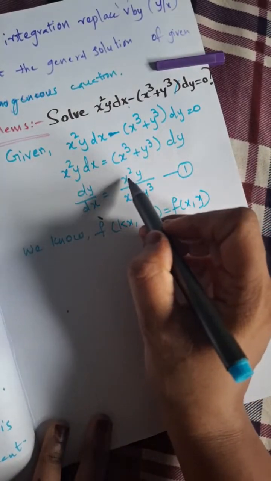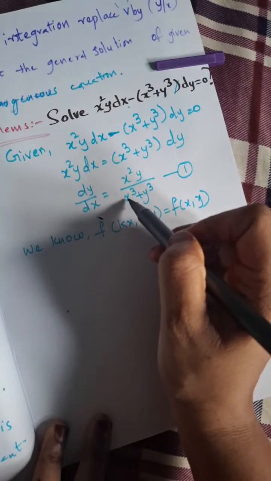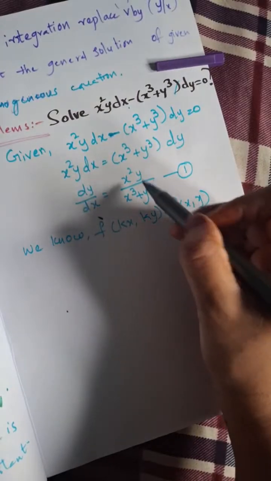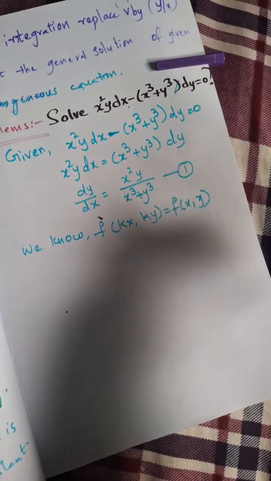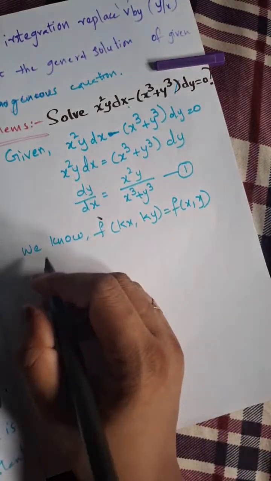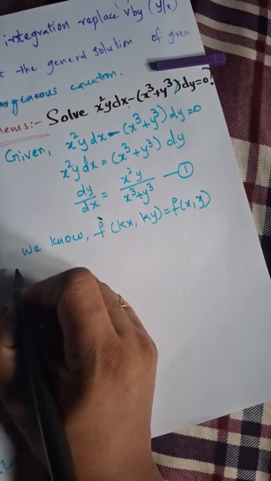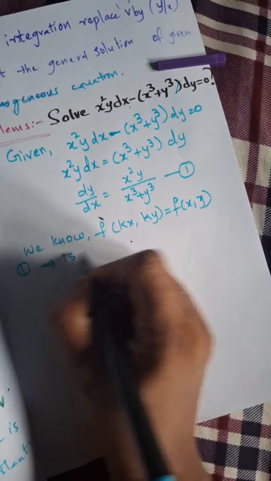The degree of the numerator is x cube and the denominator is also x cube, y cube also there. So the total degree is 3, equal degrees. Okay, so this is a homogeneous function.